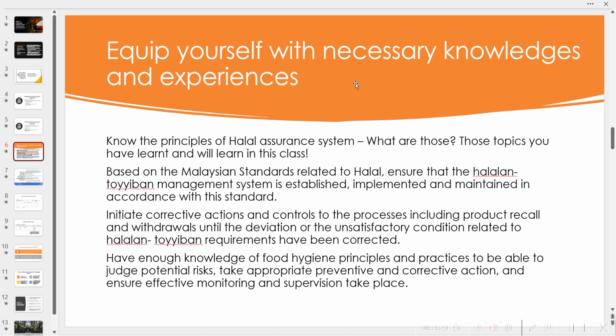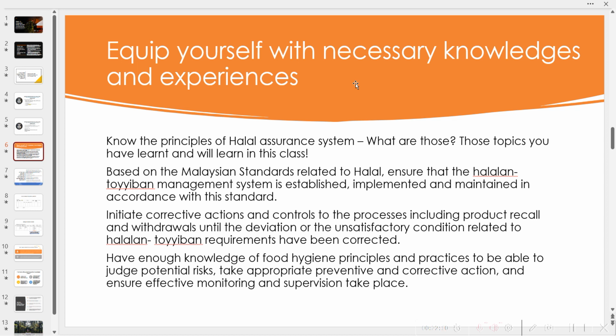How do you know to take appropriate preventive action? Usually in the premise, if you are a fresher, newly joined the industry, you need to deal with your senior supervisors to assist you on corrective action. Sometimes in industry, you will be appointed as halal executive, but you don't have any experience.